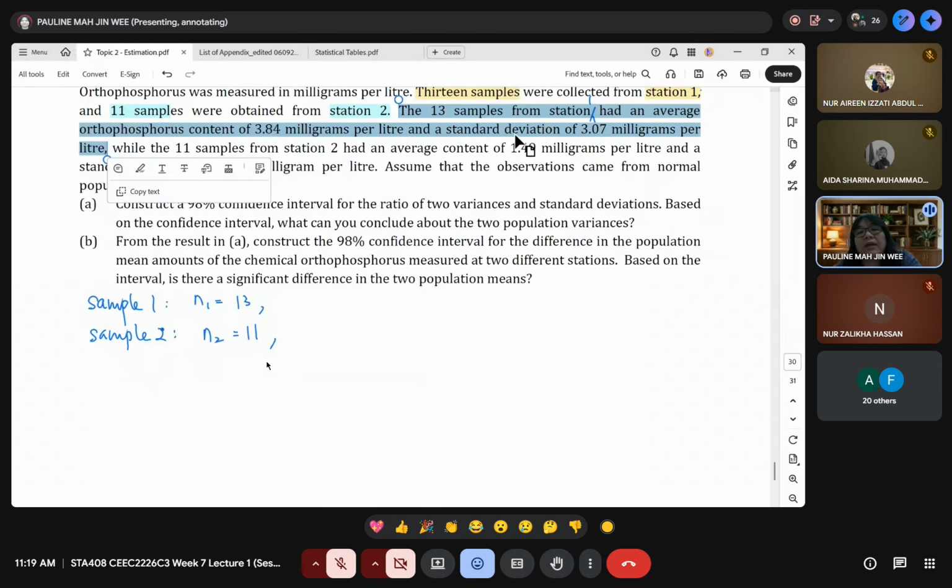It actually tells you that the 2 values of 3.84 and 3.07 were obtained from your 13 samples here. In other words, you get x bar 1 to be 3.84 and S1 to be 3.07.